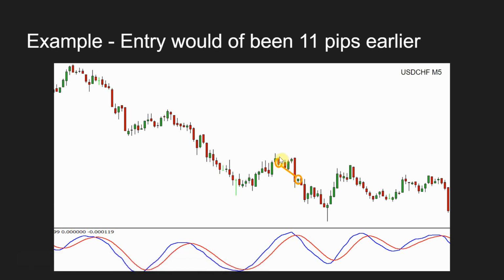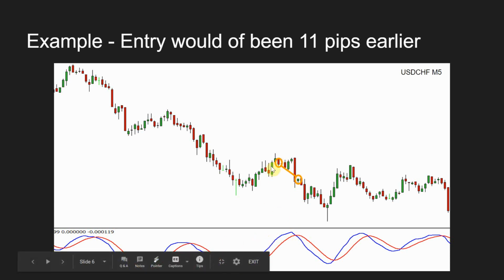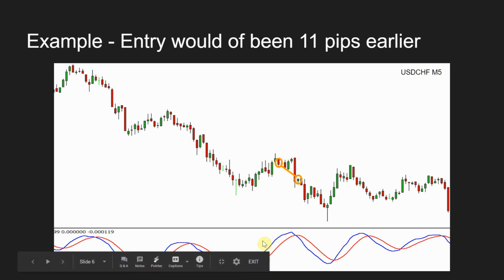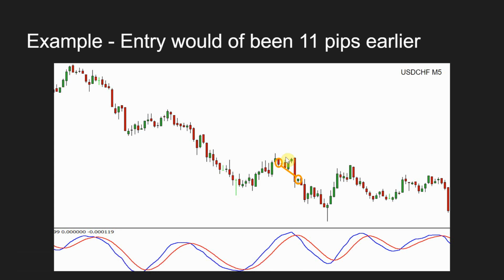But if I waited until this bar here where price broke the previous high, I drop down to the next time frame down, in this case the 1 minute chart, and instead of looking for hidden divergence, I'm looking for regular divergence in the same direction as where I'm trading hidden divergence on my trading chart, which was the 5 minute chart.